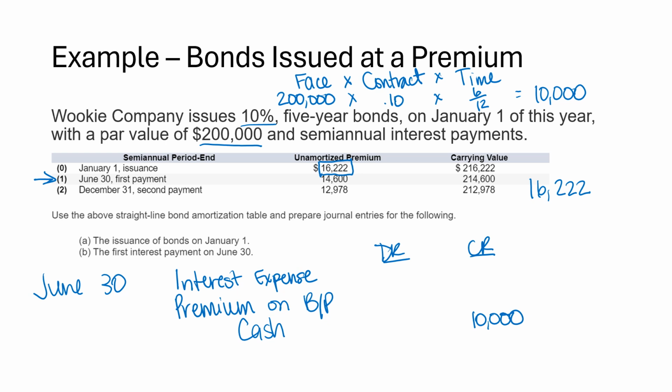To figure out how many total payments there are, we look at the information that they are 5-year bonds, and they are paid interest semi-annually, so that means twice per year. So 5 years times twice per year equals 10 payments.